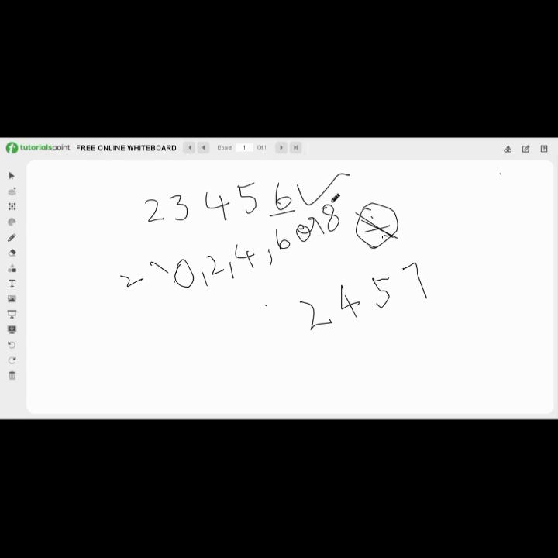Look, these numbers should be in the ones place, the last digit of the number. I'll give you 5 seconds. Please give the answer. 2, 4, 5, 7.